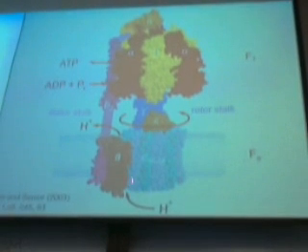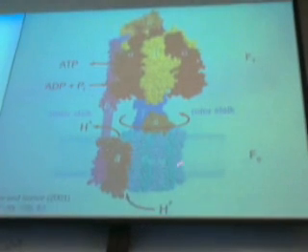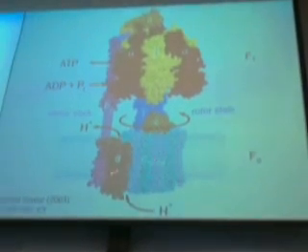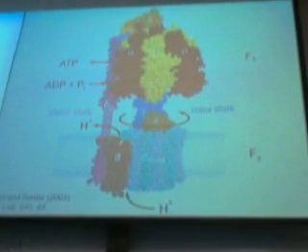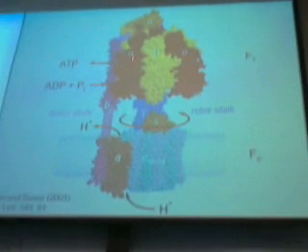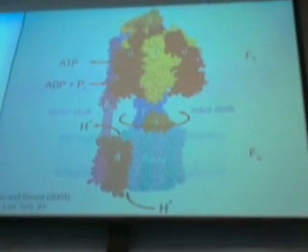So going back again to the beginning, the protons flow through this thing, the crankshaft rotates, the C10 rotor rotates, caused by the proton pumping. The crankshaft is attached to that, it rotates within these alpha and beta subunits of the F1.